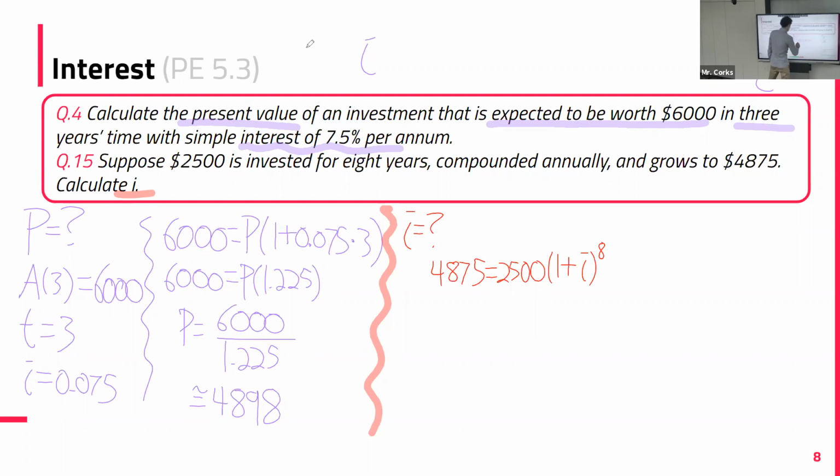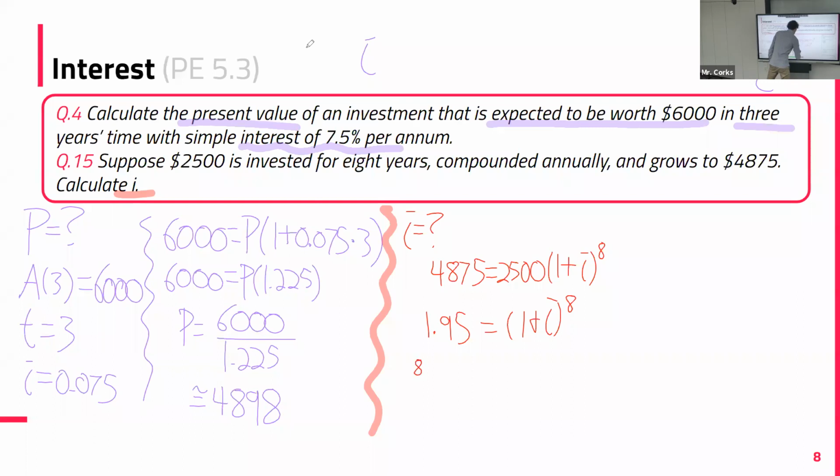And we rearrange: 4,875 divided by 2,500. All right, 1.95. So that's equal to 1 plus I exponent 8.